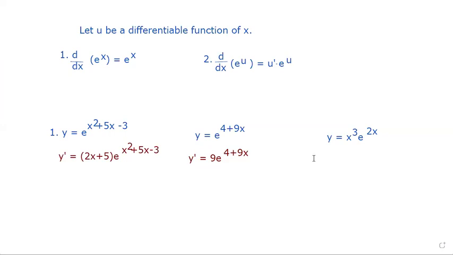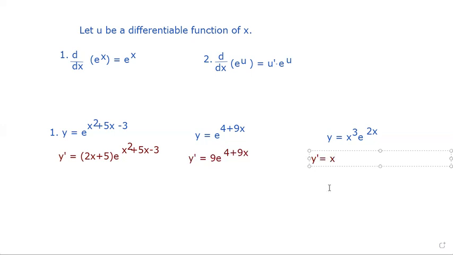Right? Now, this third problem, we should be able to recognize that this is going to involve the product rule. Now, even though we're using the product rule, we still have to incorporate the derivatives of our natural exponential function. So let's look at it. If we remember, the product rule was what?